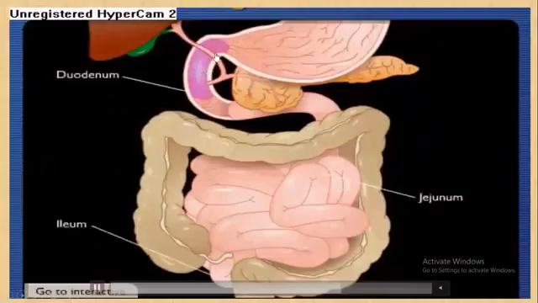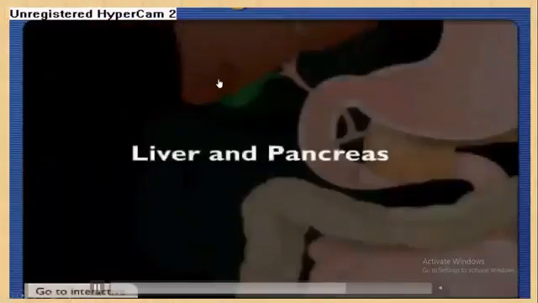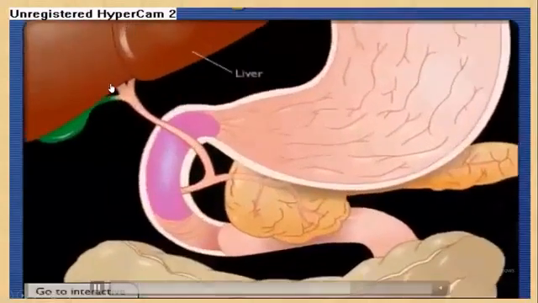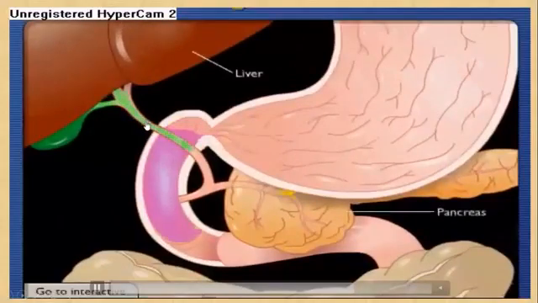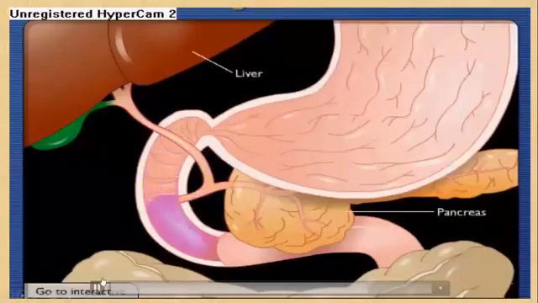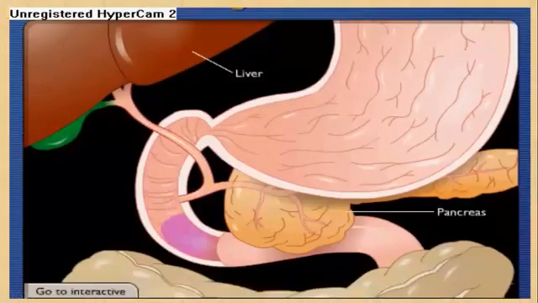The bile secretion is controlled by cholecystokinin, and pancreatic juice secretion is controlled by secretin and cholecystokinin.